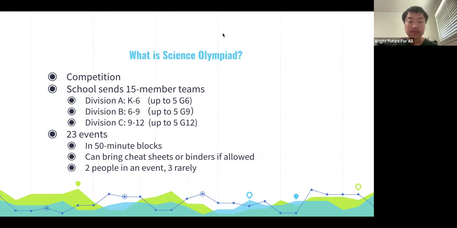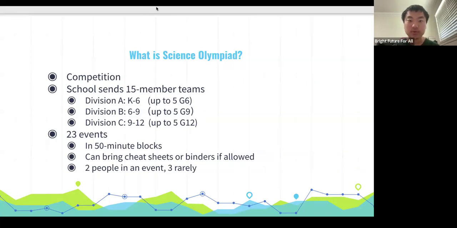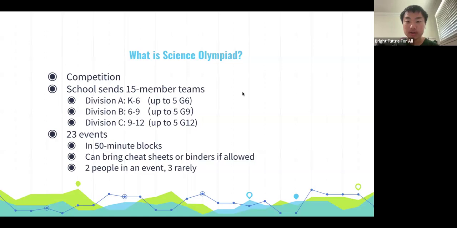The way you compete in an event will vary quite a bit depending on the type of event, which I'm going to talk about a bit more later. What prevents Science Olympiad from being a really hard, really annoying type of competition is the fact that you can bring cheat sheets or binders.